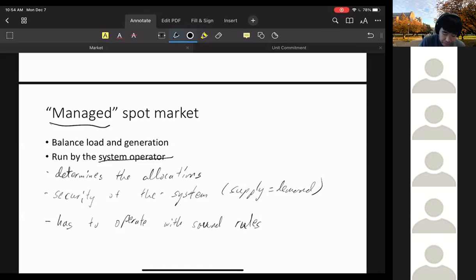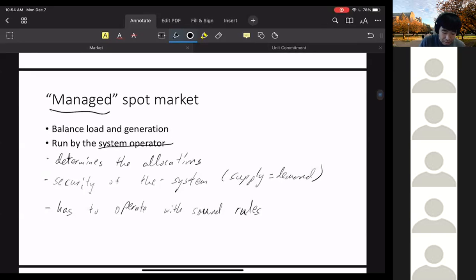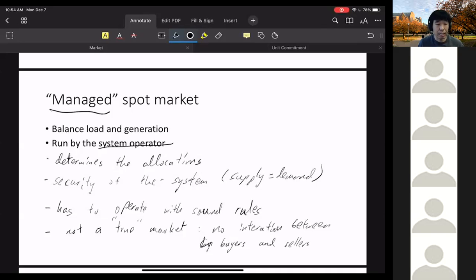But it needs to run very fast, so it cannot allow negotiation. There's no explicit interaction between buyers and sellers, so this is not a true market.